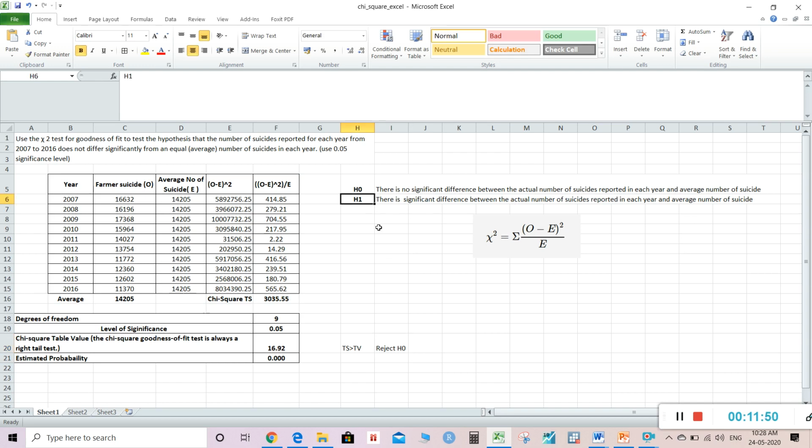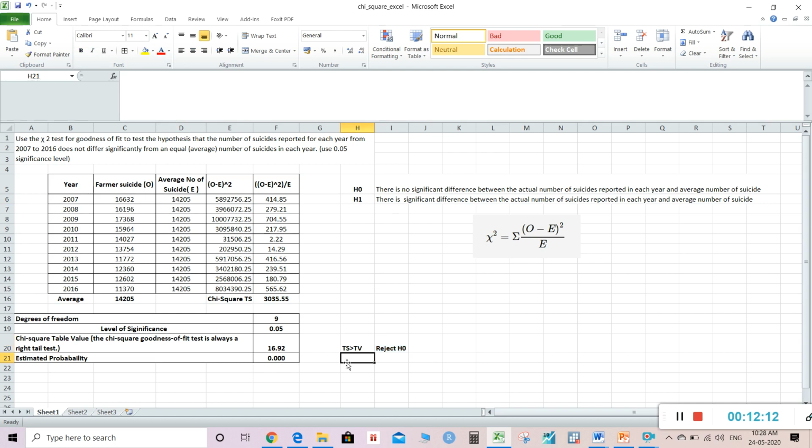So that means there is a significant difference. That is one way you can make a decision about whether to reject or accept the null hypothesis.